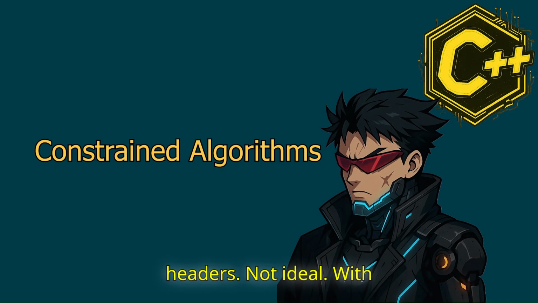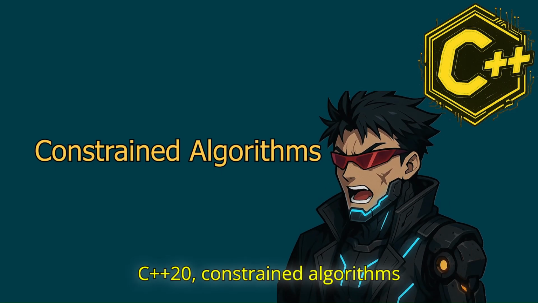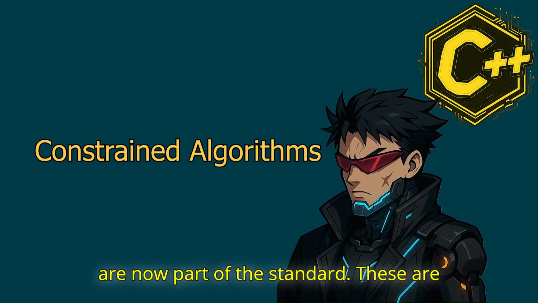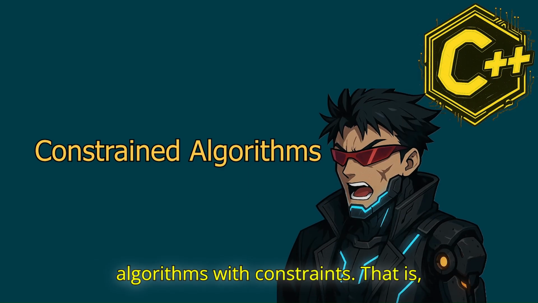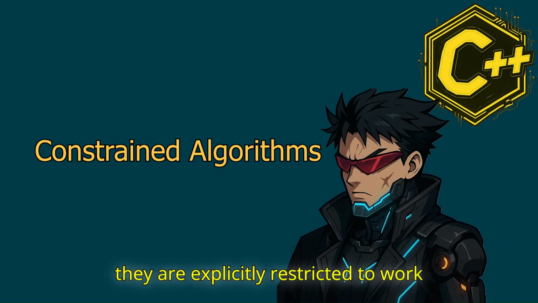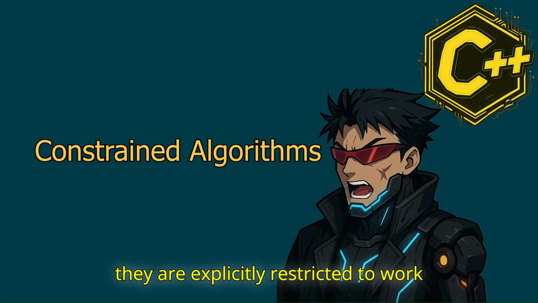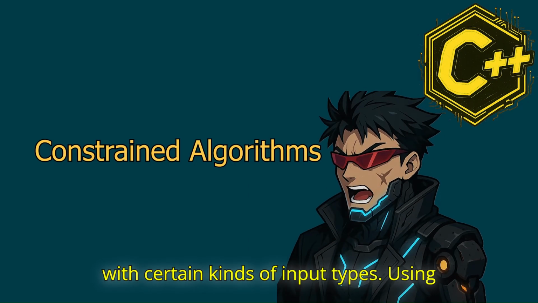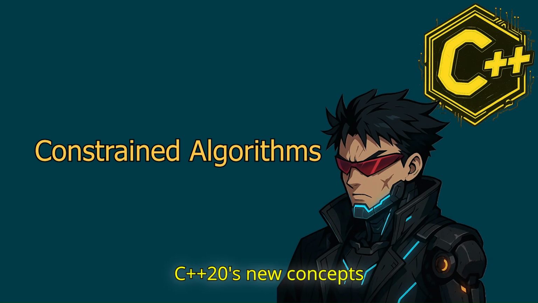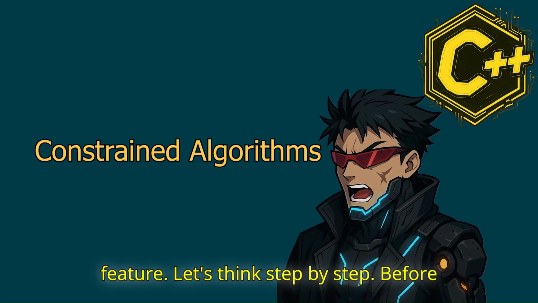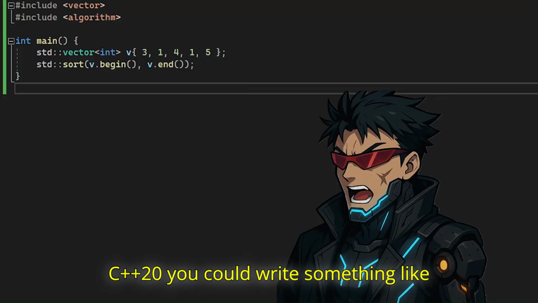Not ideal. With C++20, constrained algorithms are now part of the standard. These are algorithms with constraints. That is, they are explicitly restricted to work with certain kinds of input types, using C++20's new concepts feature. Let's think step by step. Before C++20, you could write something like this.